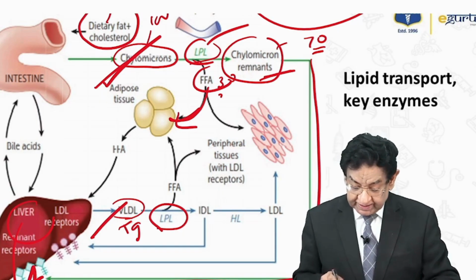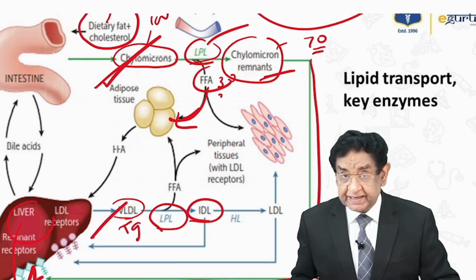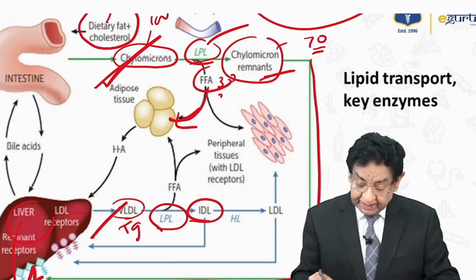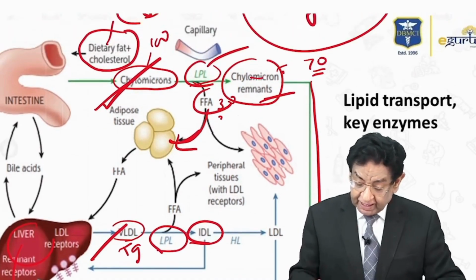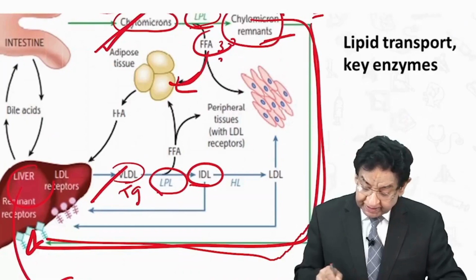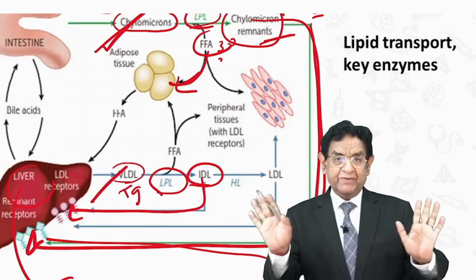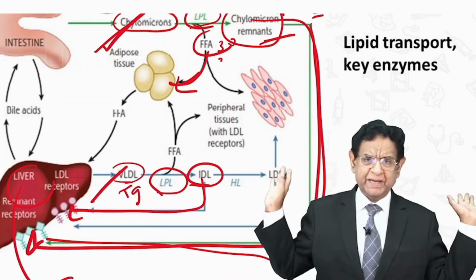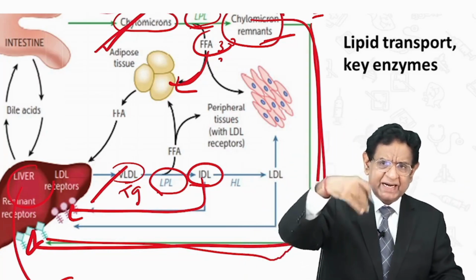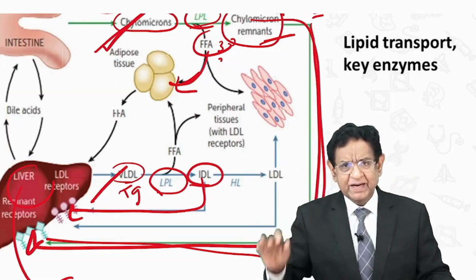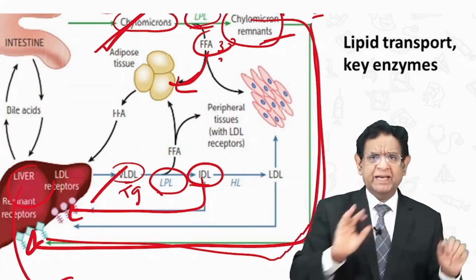So LPL breaks down triglyceride of chylomicron as well as VLDL. And here it makes IDL, intermediate density lipoprotein. Here it was chylomicron remnant. Chylomicron remnant went to the liver. Even IDL can go back to the liver. They find liver is a good place, so they go there. They give some amount of triglyceride, even chylomicron gives some amount of triglyceride, and the remaining it takes to the liver.